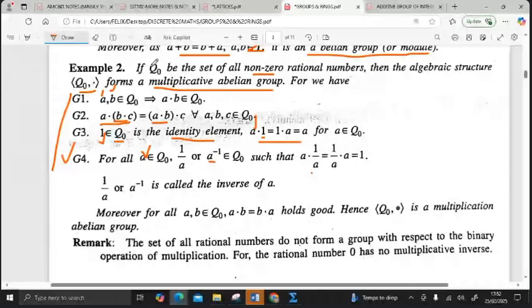Now for every rational number a, 1 over a is also a rational number, which is also a inverse. Notice that when you multiply this by this, it will be 1. So every non-zero rational number has an inverse, because 1 over a is also in the set of non-zero rational numbers, and therefore all of these are satisfied.